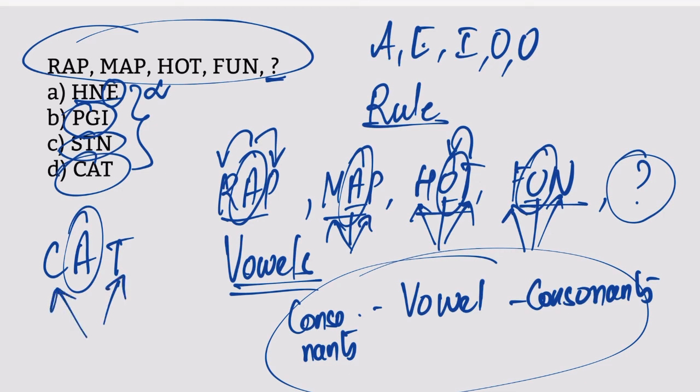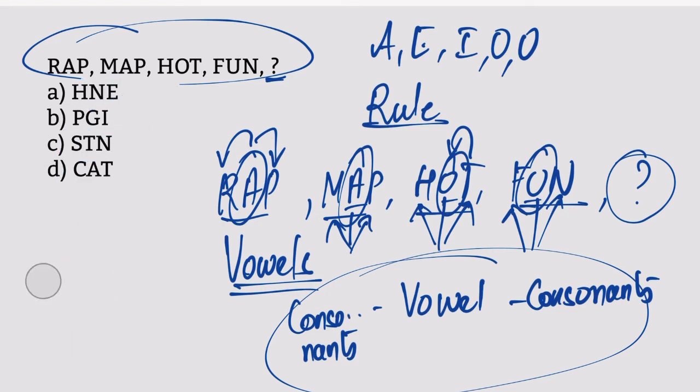So out of the four combinations of letters, or I would reluctantly call them words, the one following the rule is the last option, option D, CAT, A in the middle, that is the vowel, and a consonant on either side. So let's move on to the next one then.